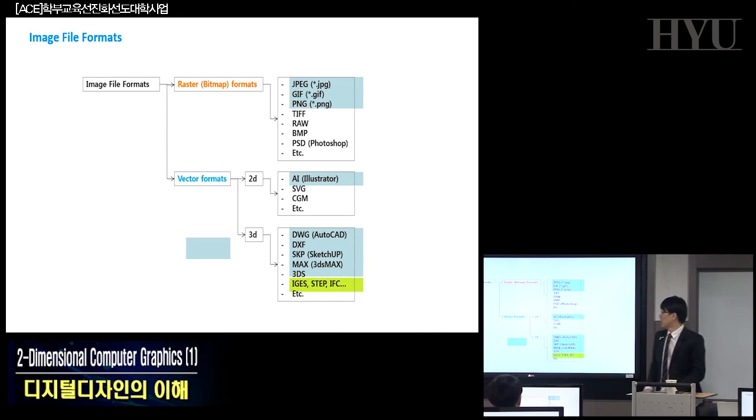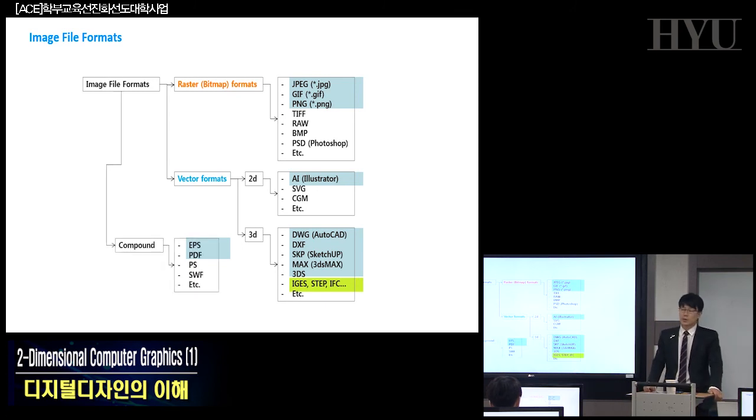They are all vector formats, but when you capture the scene, capture the view, they're gonna be one of the 2D raster formats. Also, there are compound, some hybrid file formats, such as EPS or PDF file. You know PDF.